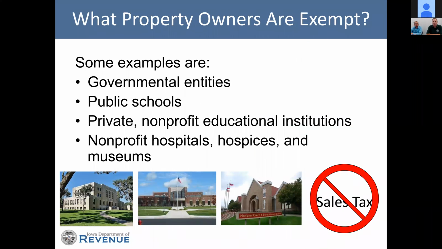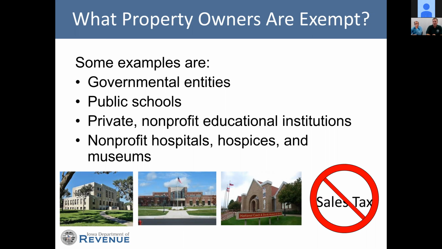Again, stepping back to what we mentioned a couple minutes ago, not everybody is taxable, okay? There can be some customers that are exempt from tax, and some of the most common ones we have listed here. Governmental entities, say for instance somebody mows for the city, or for a township or some other governmental entity.